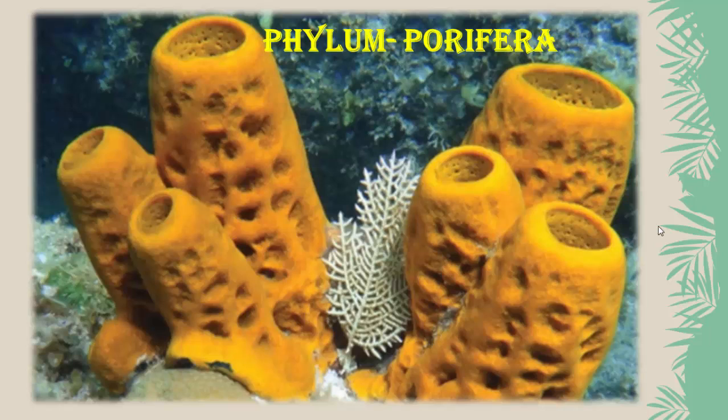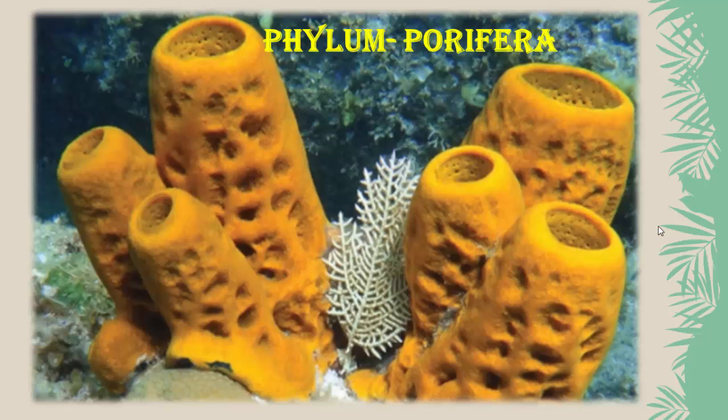It moves through the central cavity called spongocoel, and finally it is removed from the body through the osculum. The movement of water in the sponge body through the ostia into the spongocoel, then finally out through the osculum, represents the water canal system, or simply we can call it canal system.